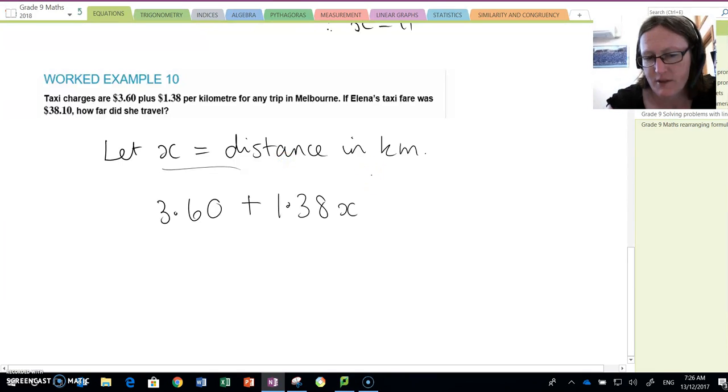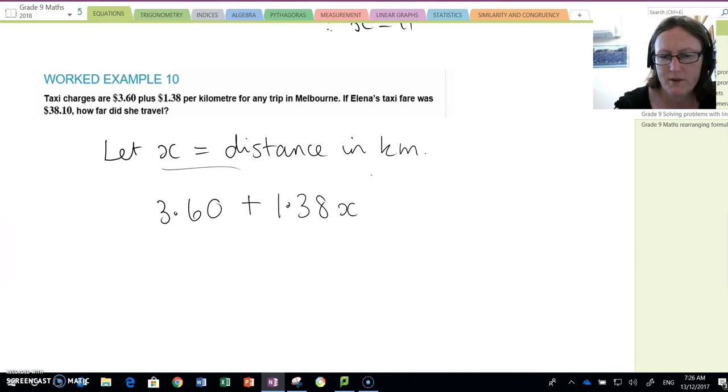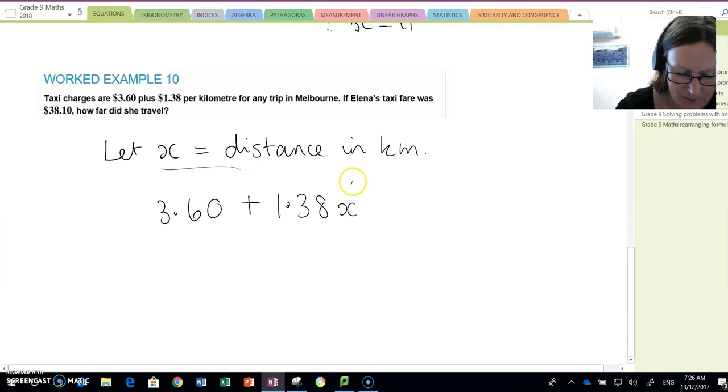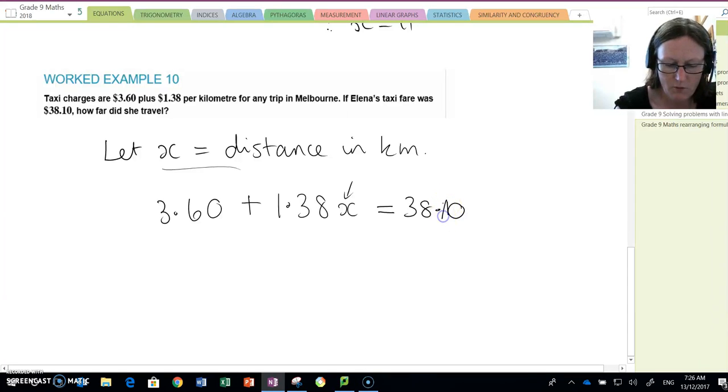For example, if we travel 10 kilometres, then we put a 10 here. If we travel 5 kilometres, we put a 5 there. Anyway, $3.60 to get in the cab, plus $1.38 times how many kilometres, and Eleanor has spent $38.10. So what we're trying to work out is x, how many kilometres did she travel.